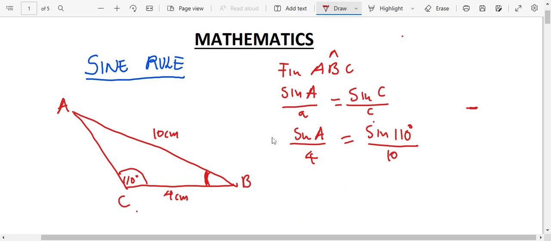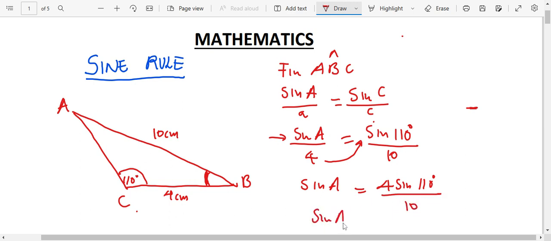So I want to remain with sine A, so I'm going to multiply this side by 4. That will leave sine A being equal to 4 sine 110 divided by 10. And we already found this from the previous question.